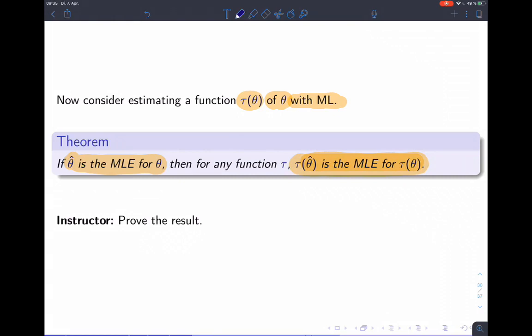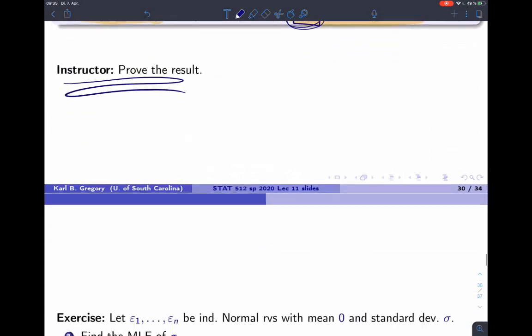So the idea is if we were to reparameterize the problem in terms of tau theta and then go back and do the maximum likelihood procedure for finding an estimator, we would find the estimator to be just the MLE for theta with the function tau applied to it. I'm not going to go through the proof. The proof is in the handwritten notes. I would rather just spend time going through some examples of this.